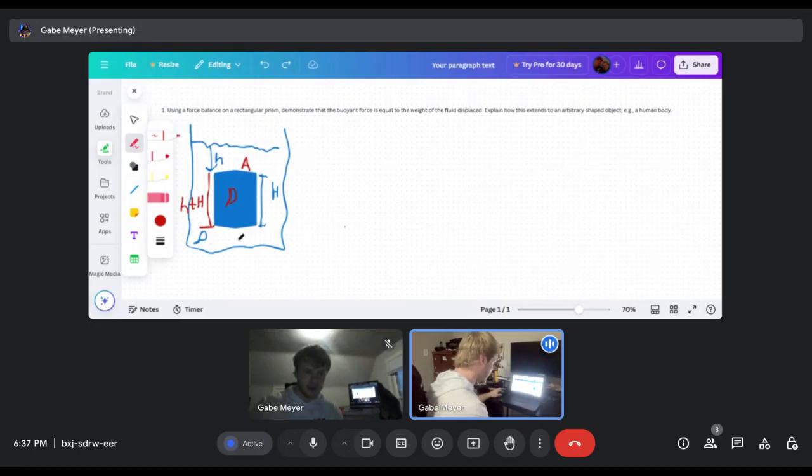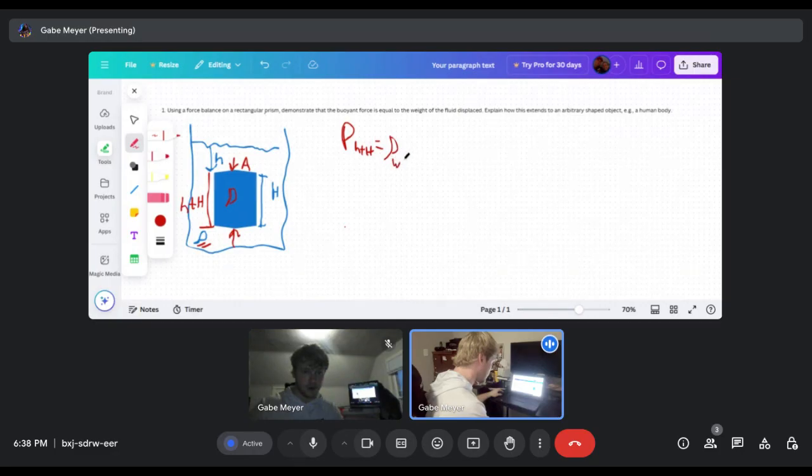So there will be a pressure force, a force going up on this rectangular prism object. And there's also a pressure force going down. All right, and then to find this pressure force at the bottom, P at h plus big H is equal to the density of the fluid, let's call it water.